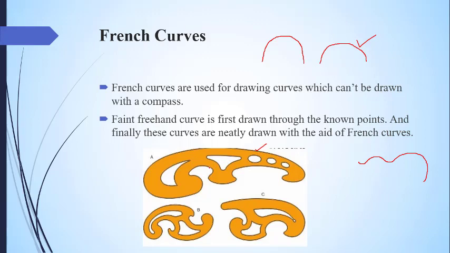There are different parts, sides, and edges of the French curves that can be utilized for smooth, faint, freehand curves. Like here, if you want to construct a smooth curve, we can use this part, or somewhere else we can use this part, or might be this part.